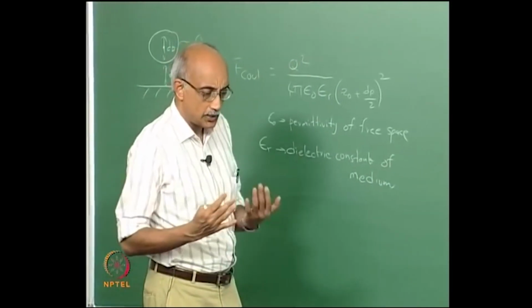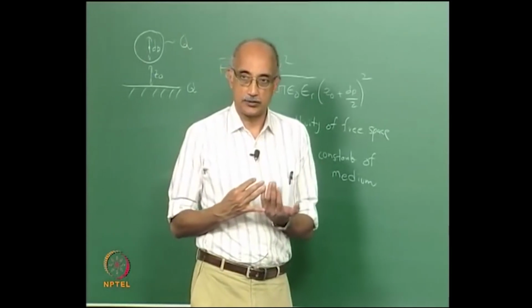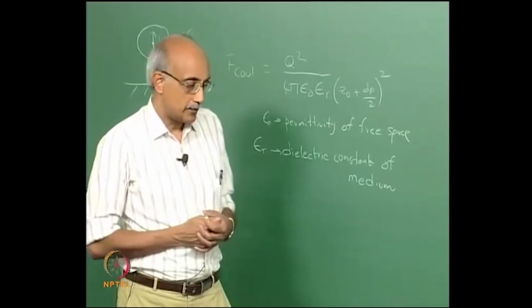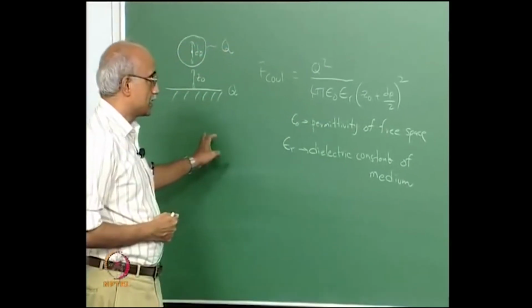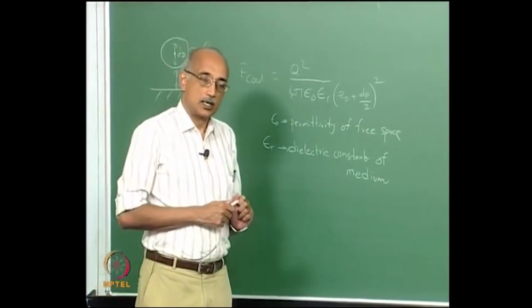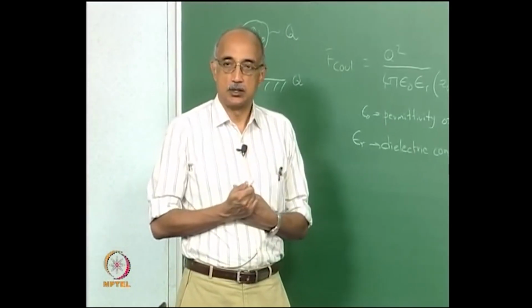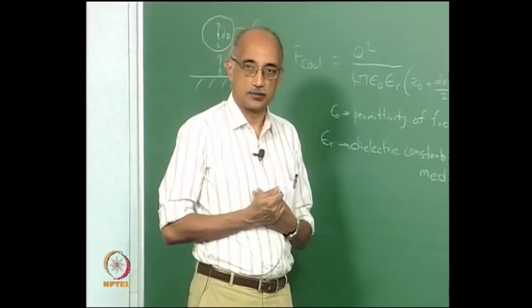So, we know how charged surfaces or charged particles interact and the force that develops between them, but if you have a charged particle and let us say you have a neutral surface, is it still possible to develop a Coulombic force of either attraction or repulsion between them?